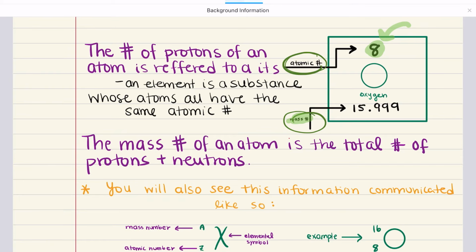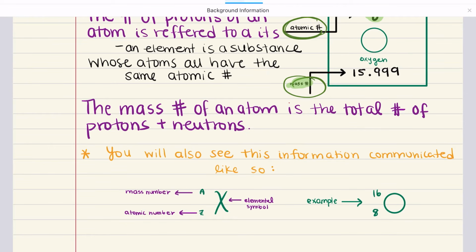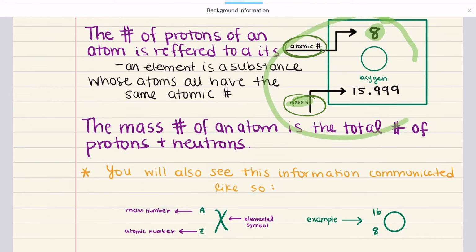We're going to talk about atomic weight, but really quickly, I want to show you how else you might see this information communicated. You might also see an element written down as an elemental symbol. For oxygen, that would be O. In the top left corner, you're going to have the mass number, which is about 16 for oxygen, and in the bottom left corner, you have the atomic number written, so 8.